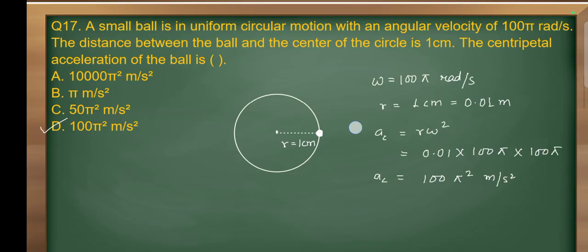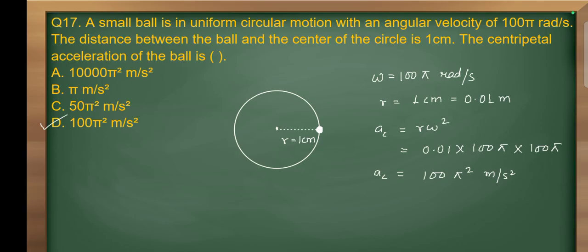Question number 17. A small ball is in uniform circular motion with the angular velocity of 10 pi radian per second. The distance between the ball and the center of the circle is 1 centimeter. The centripetal acceleration of the ball is... here omega, that is the angular velocity, is given as 100 pi radian per second. Radius is given in centimeter, so we need to convert that into meter.